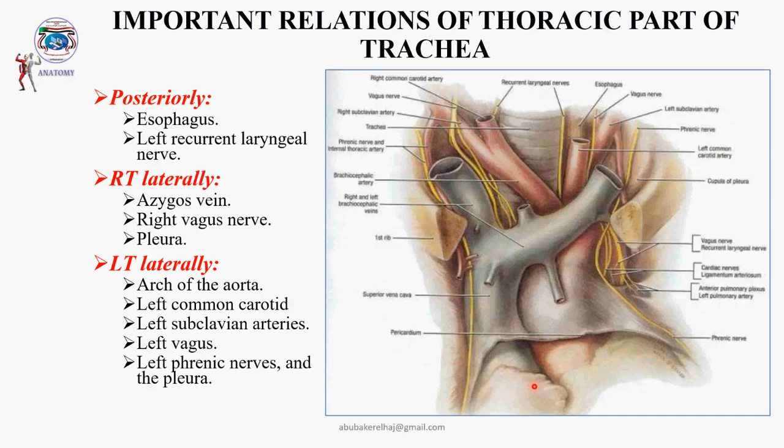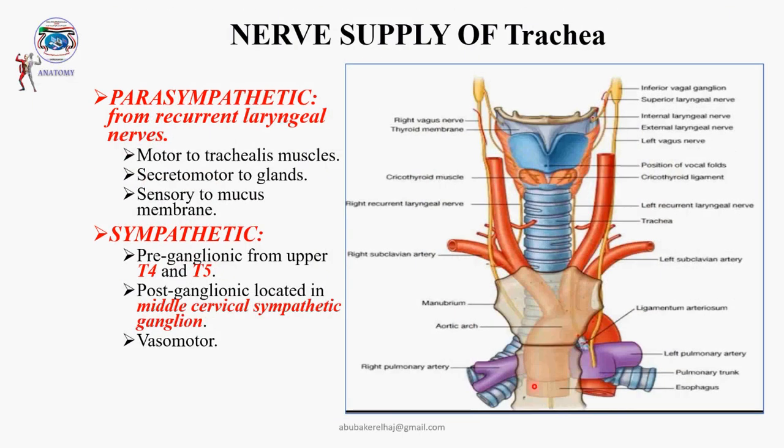That means we have these on the left side, and on the right side we have the same: the right common carotid artery, the right subclavian artery, the right vagus and the right phrenic nerves. That means they are parallel on both sides and crowded in this area.